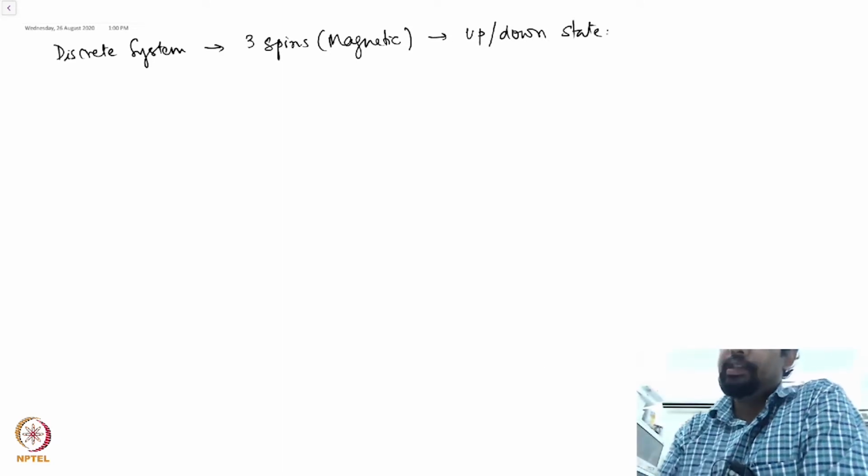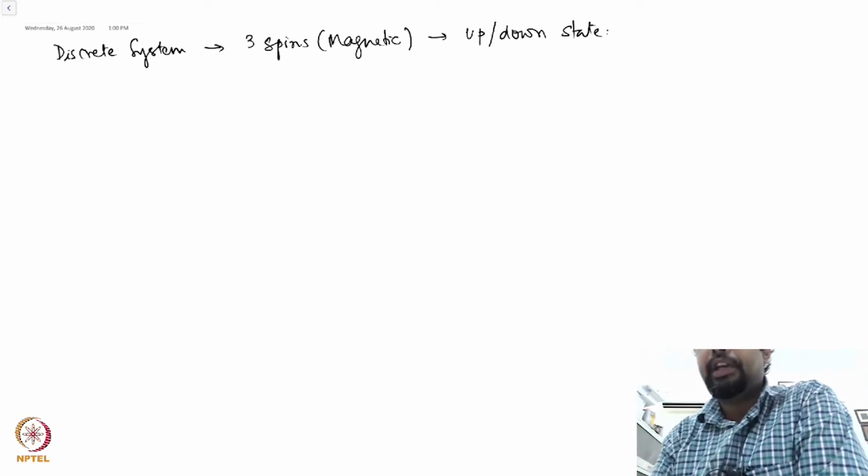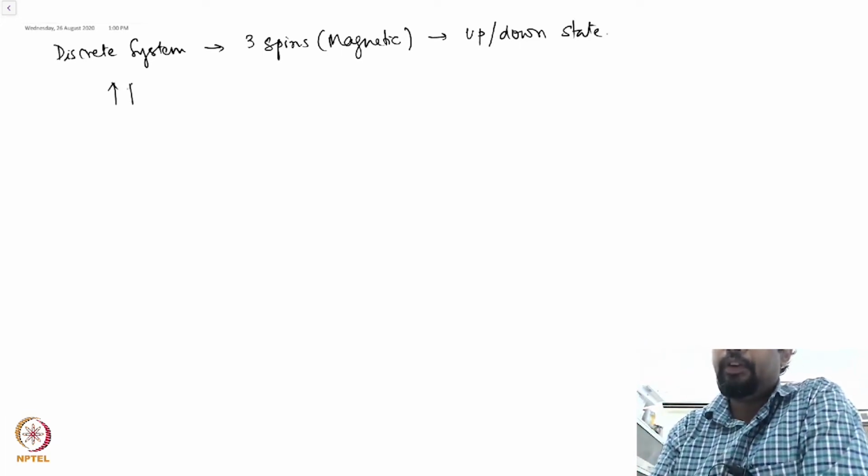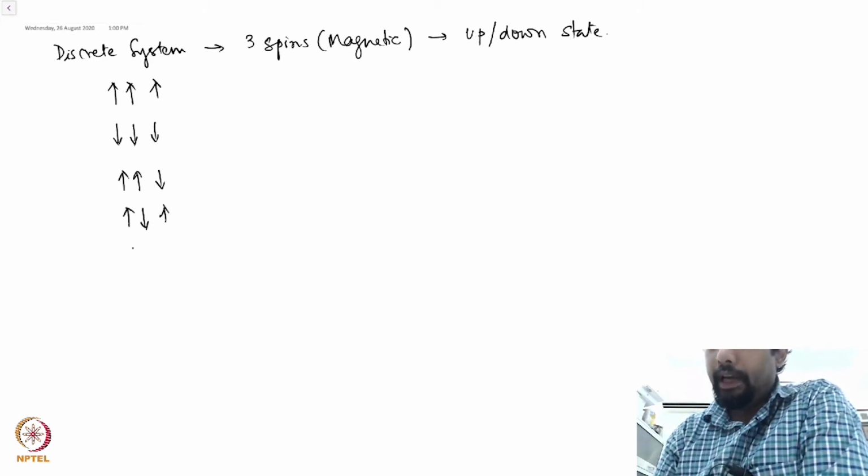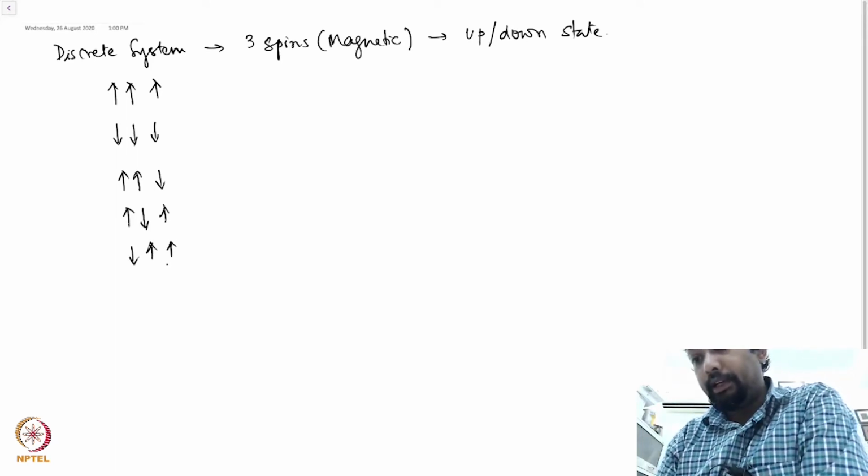If this is the case, then what are the possible configurations I can have? I can have all the spins up. I can have all the spins down. I can have 2 spins up, and one more, which is this, and I can have 2 spins down.